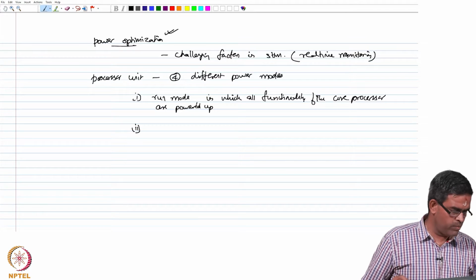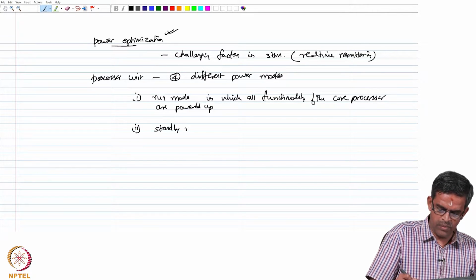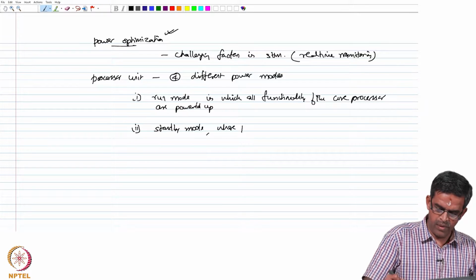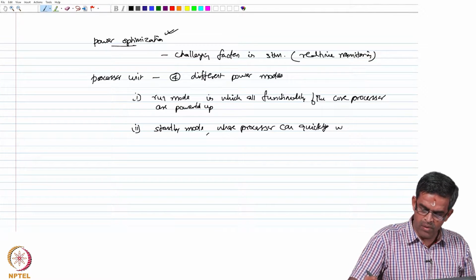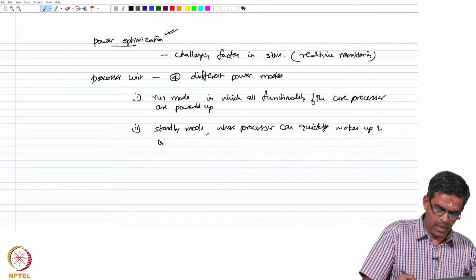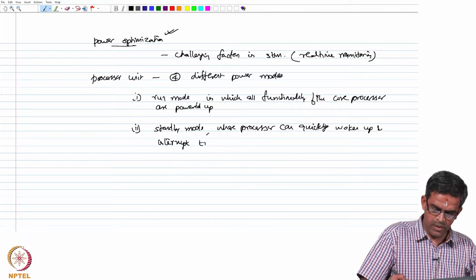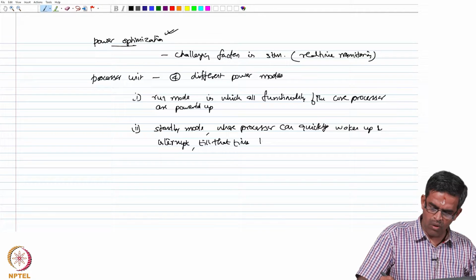The second mode could be the standby mode, where the processor can be quickly woken up and interrupted till the time the core clocks are shut down.